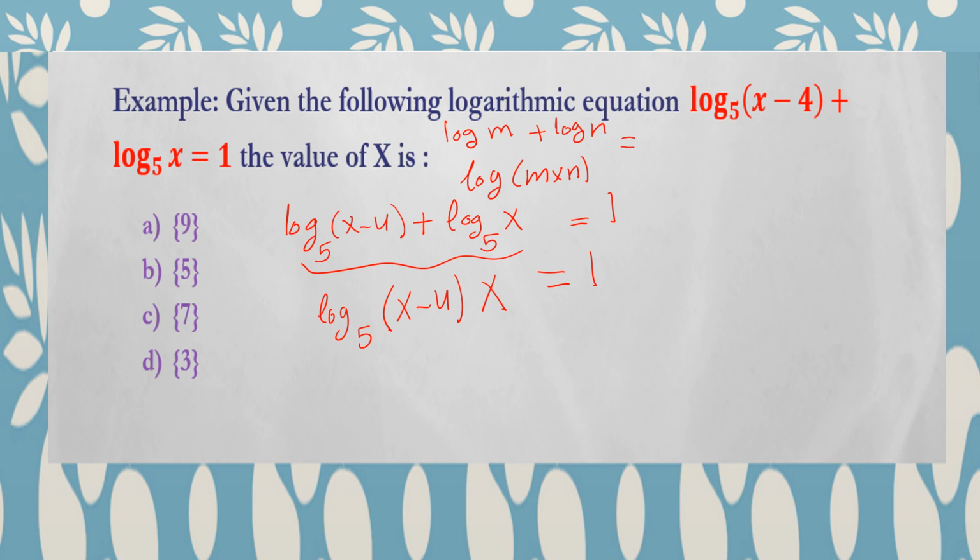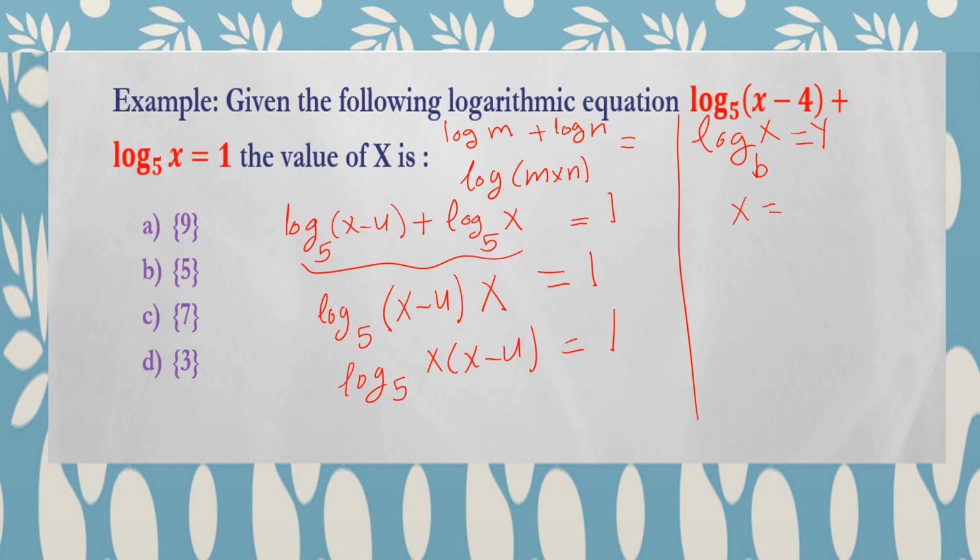So log 5 for x times x minus 4 equals 1. And again, by recalling the property that says that log b for x equals y means x equals b power y, we can apply this property for this example.